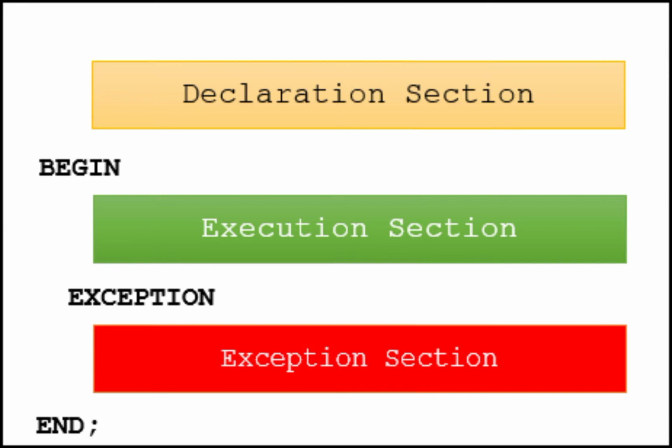An executable section starts with the keyword BEGIN and ends with the keyword END. Third, the exception handling section that starts with the keyword EXCEPTION. The exception handling section is where you catch and handle exceptions raised by the code in the execution section.